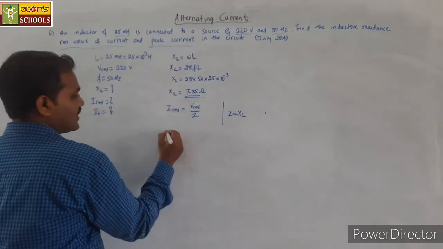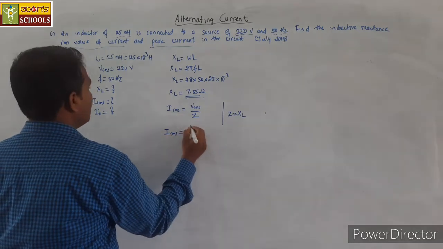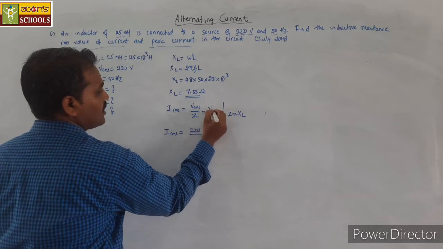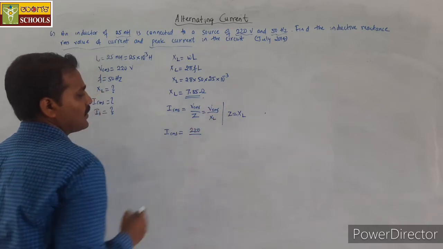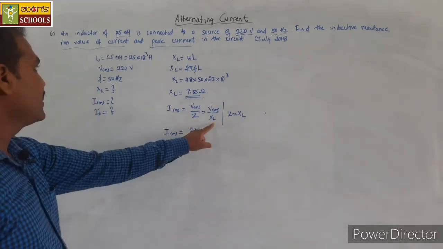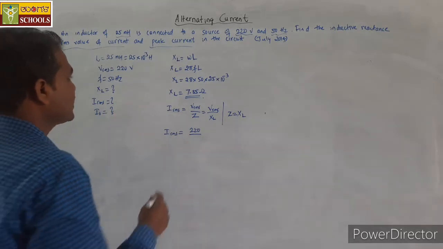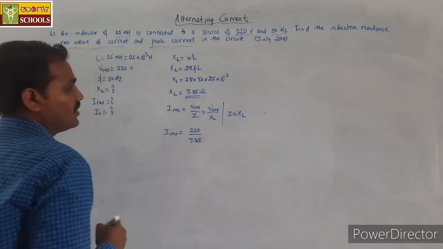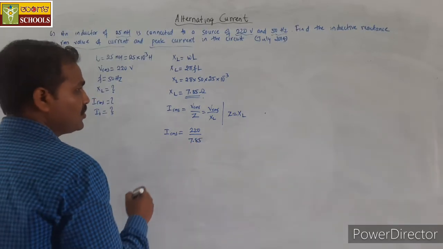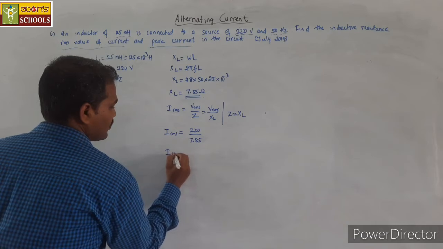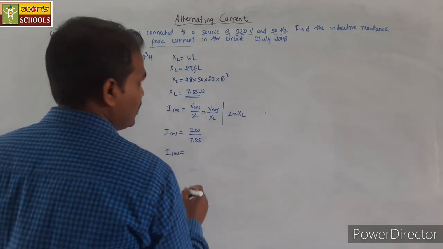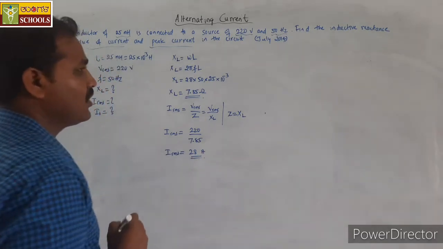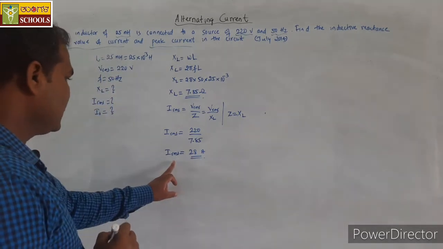So IRMS is equal to 220 divided by 7.85, substituting the value of XL that we have just found out. This gives the value of IRMS as 28 amperes.